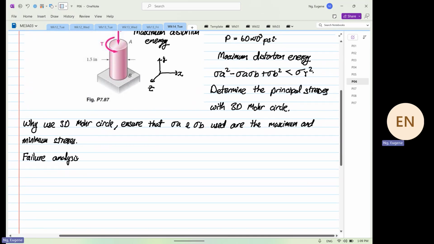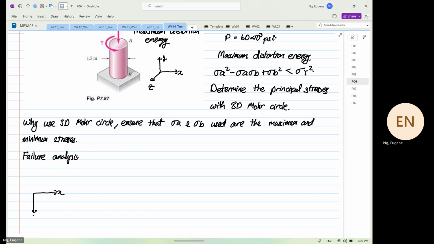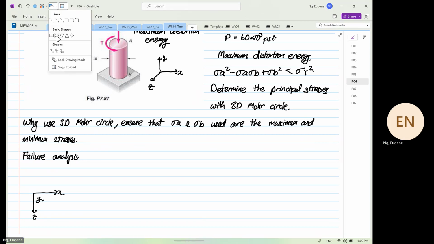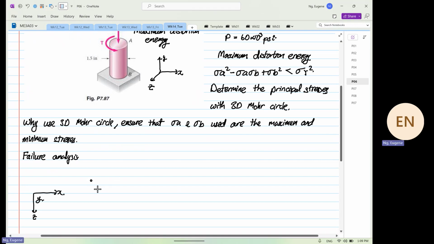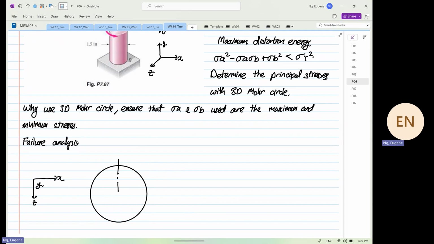So if we were to look in the XZ plane, at the cross section, remember we did this before, and then we draw our center line.